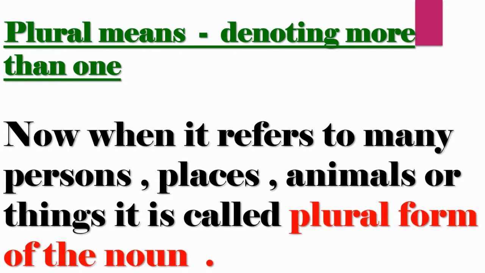Plural means denoting more than one. Now, when it refers to many persons, places, animals or things, it is called the plural form of the noun.